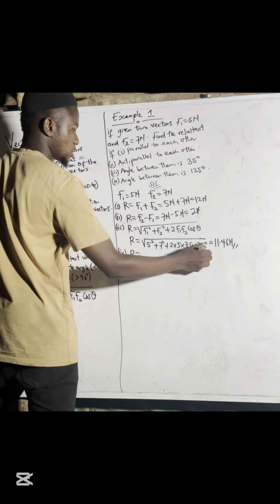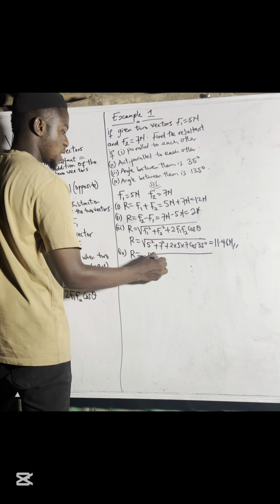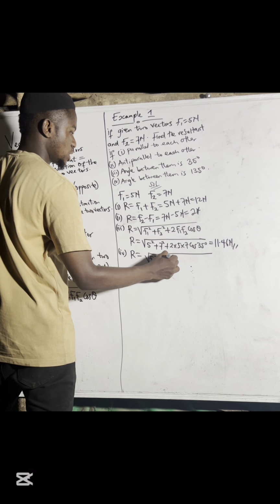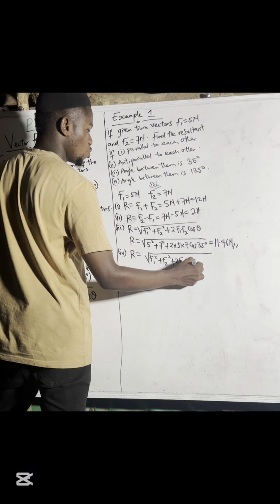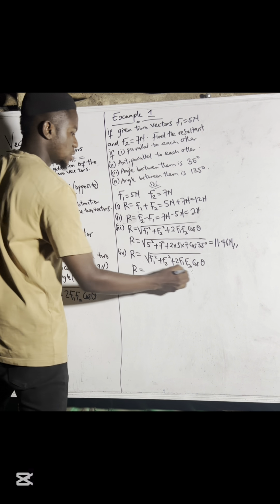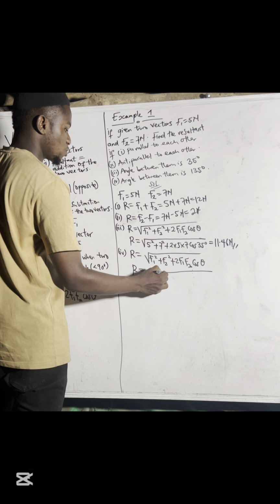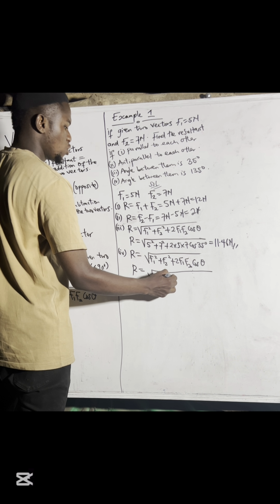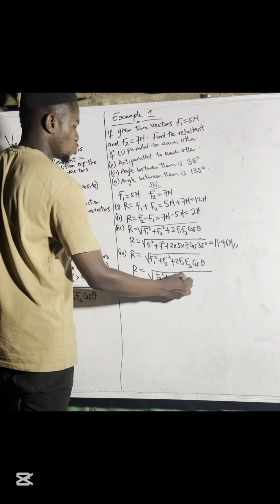So if the angle between them is 135, you will still use this formula. R equals the square root of F1 squared plus F2 squared plus 2F1 F2 cos theta. Your F1 is 5, that is 5 squared, plus your F2 is 7 squared, plus 2 times 5 times 7, cos your theta, which is 135.